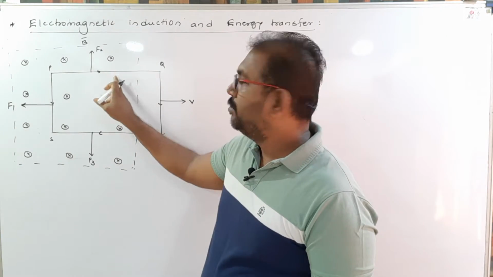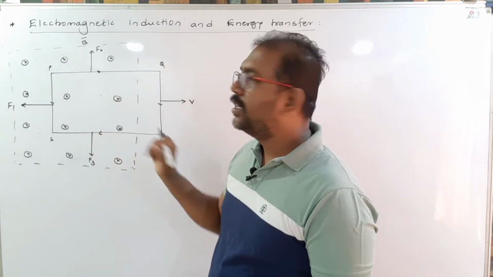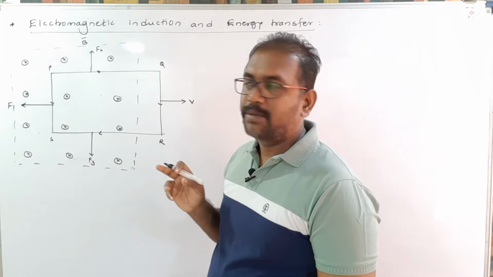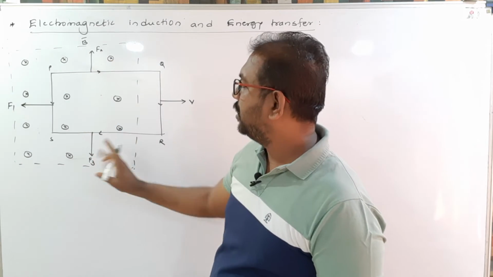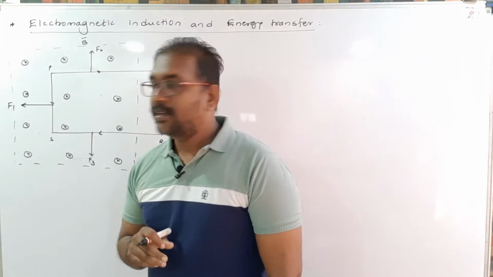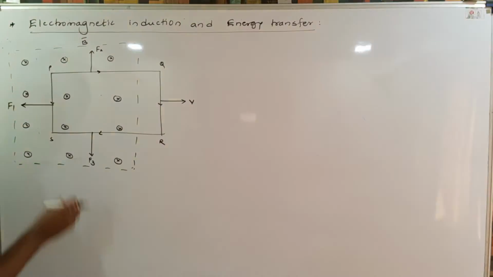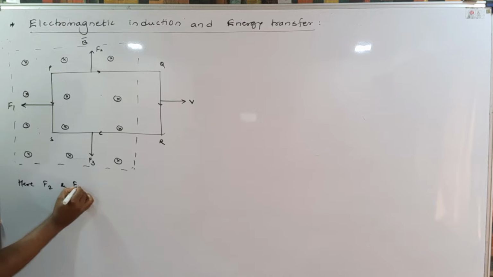The current is the same, I, the lengths of both segments are the same, and the magnetic field is the same. So they experience the same force: F2 and F3 are the same, so F2 and F3 cancel with each other.